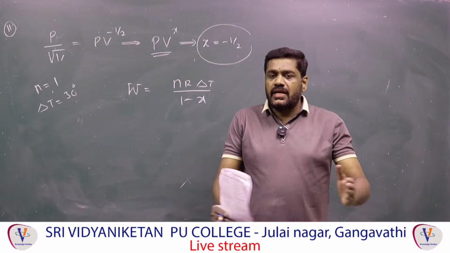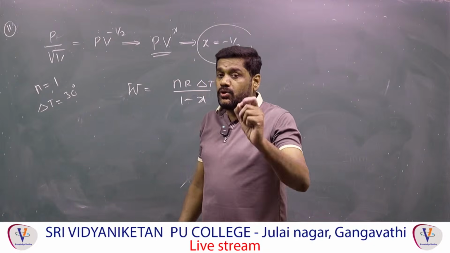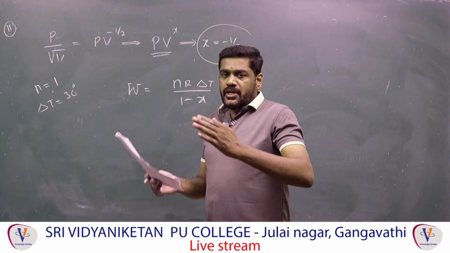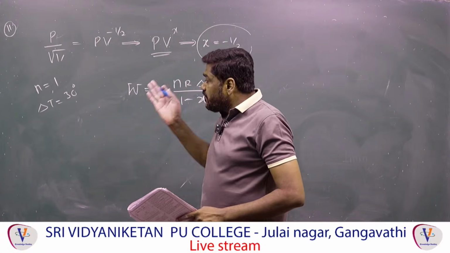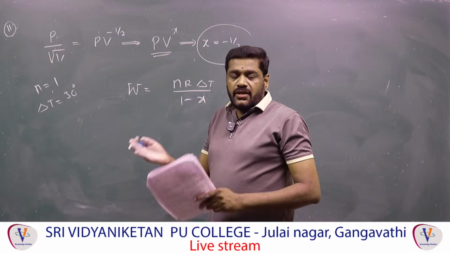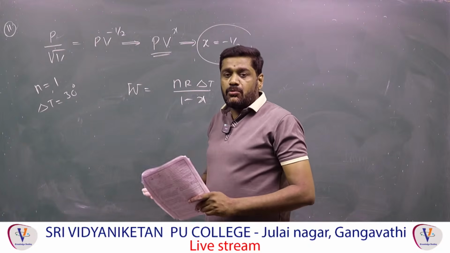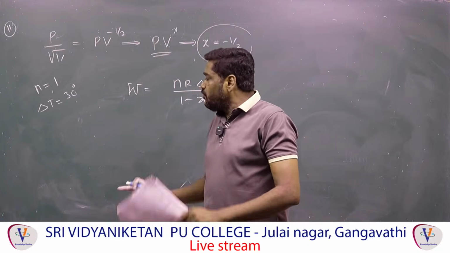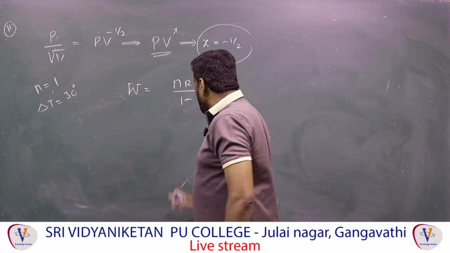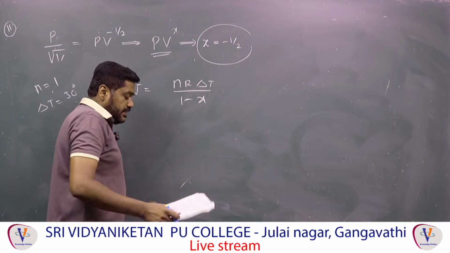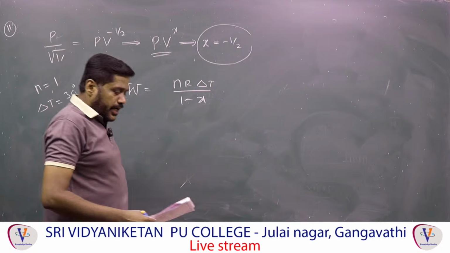Temperature at a point is not the same in both, but the difference in temperature in Kelvin and in degrees Celsius has the same magnitude. Therefore delta T can be taken as 30 Kelvin, and substituting all these values you can get the answer for the work done. Right.